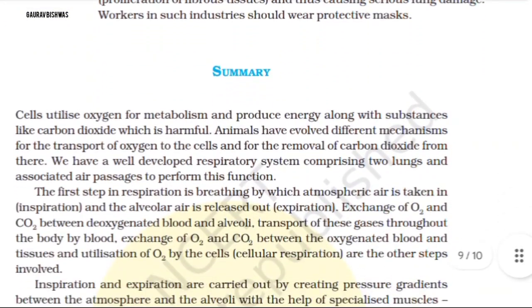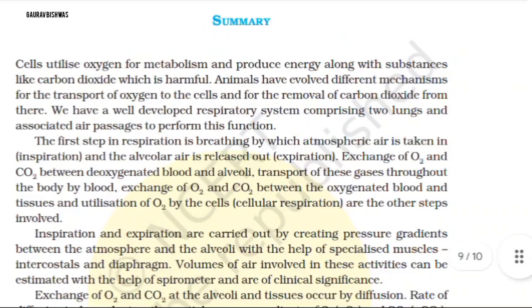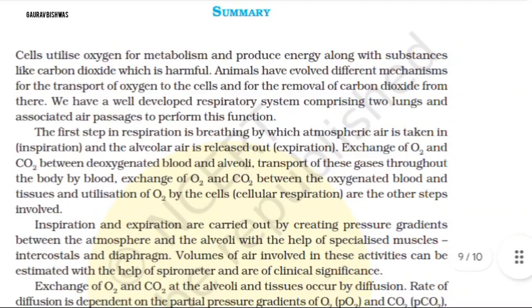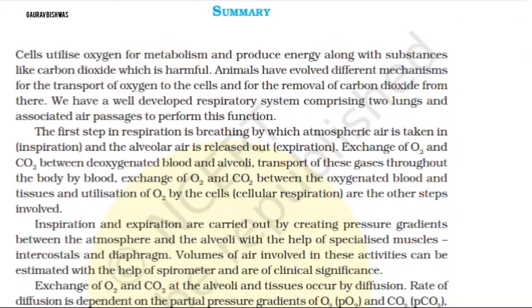Now, summary. Cells utilize oxygen for metabolism and produce energy, along with substances like carbon dioxide, which are harmful. Animals have evolved different mechanisms for the transport of oxygen to the cells and for the removal of carbon dioxide from there, and we have a well developed respiratory system comprising the lungs and associated air passages to perform this function.